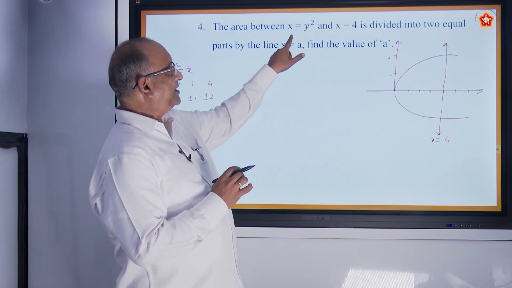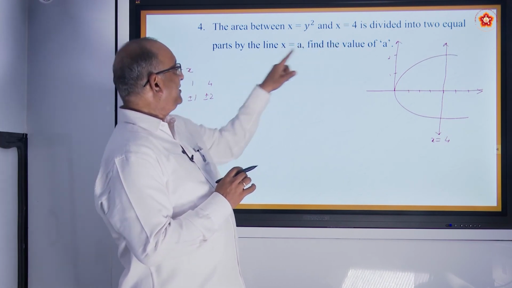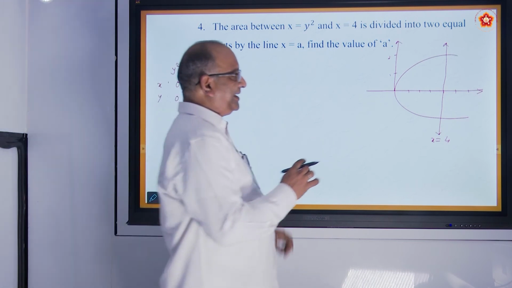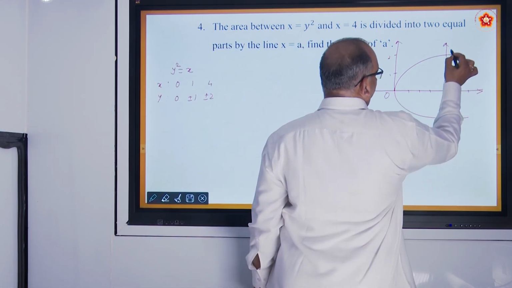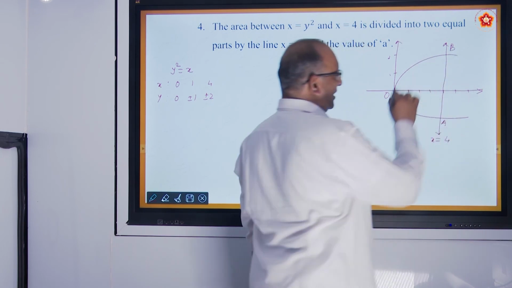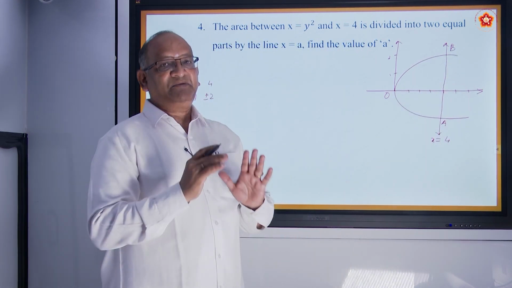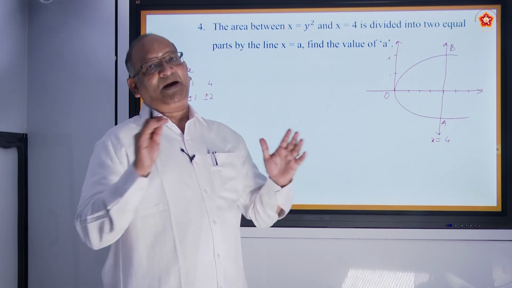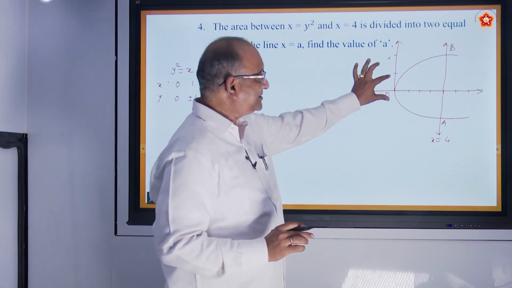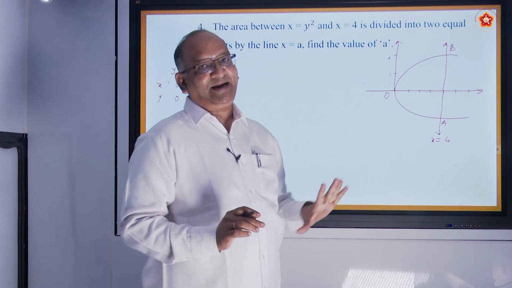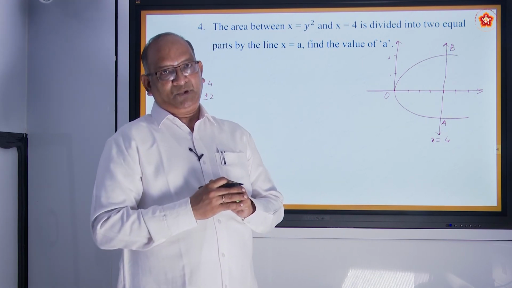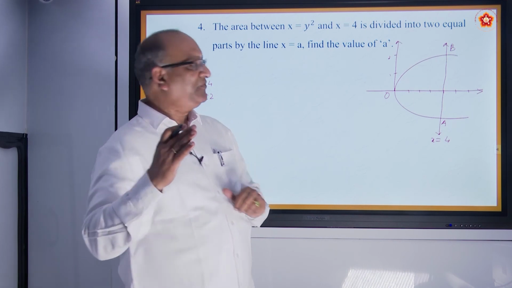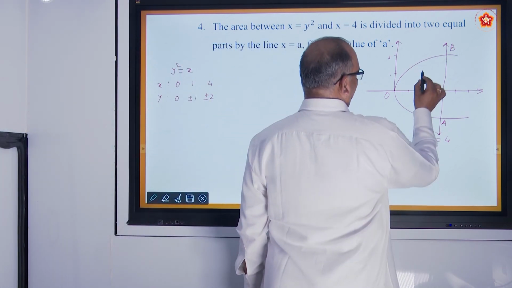The area between the curve and x equal to 4 is divided into two equal parts. This entire area, let us say this is O, this is A, this is B. This entire area AOB is divided into two equal parts. You can see this side is narrow, that side is wider. So what will happen? You cannot take the middle point. So you have to take a little away from the middle point, let us say somewhere here.